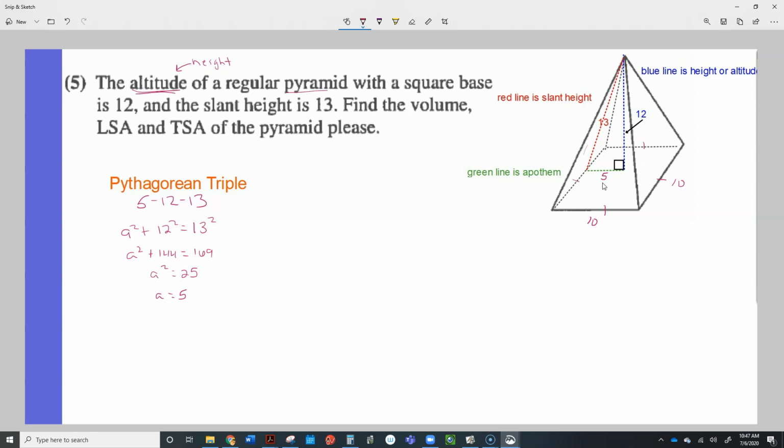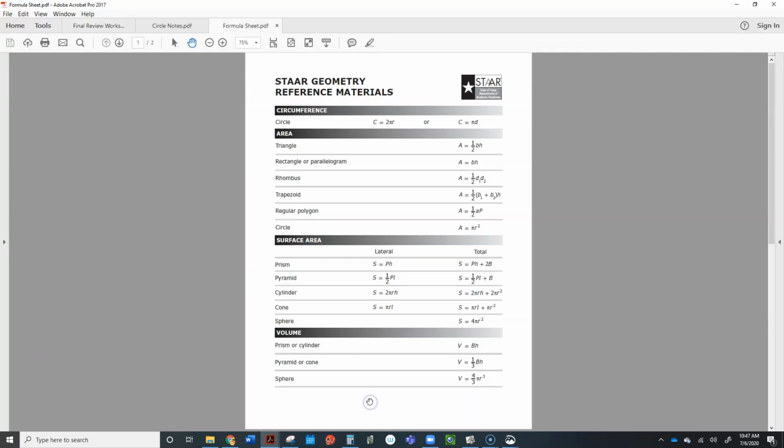I need the surface area, the lateral surface area. That's what they're asking for right here. And then the total surface area. The lateral surface area for a pyramid, I'm going to go look at my formula sheet. The surface area for a pyramid is 1/2 PL.